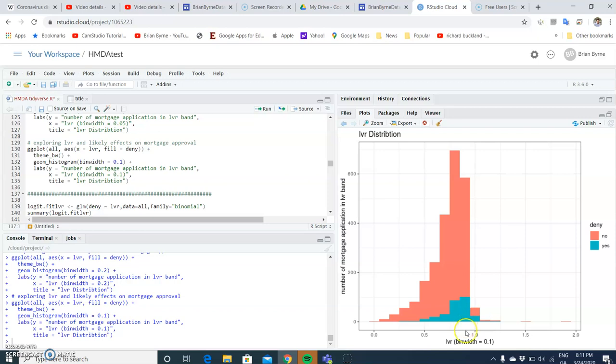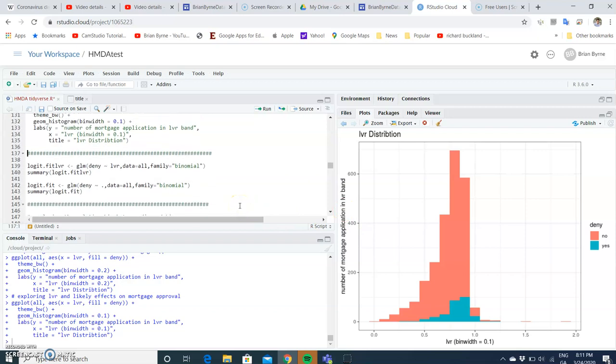And that's because I think we're getting closer to an LVR of 1, which implies a very high level of risk on the part of the lenders, which is something they probably don't want to take on board.